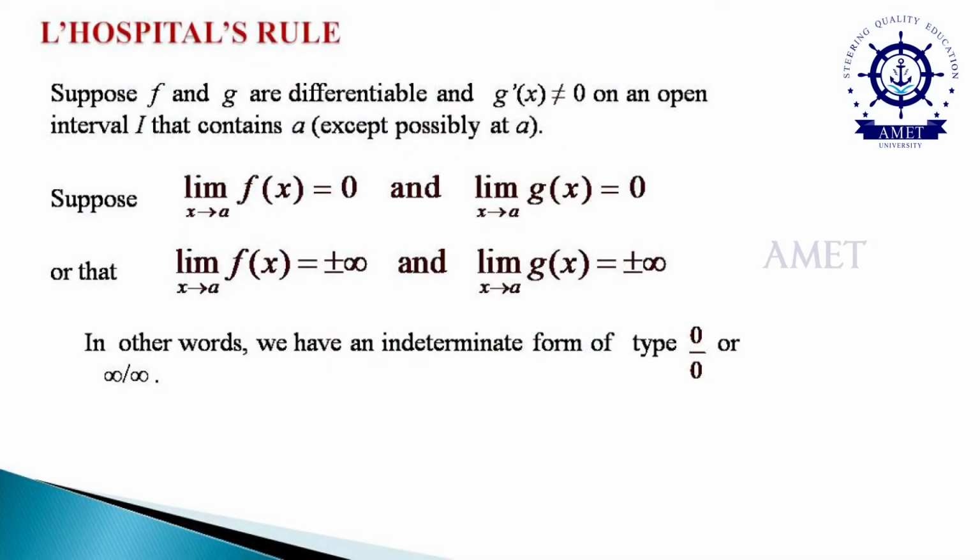After differentiation, again substitute the limit value in the numerator and the denominator separately. Then again we conclude whether it is 0 by 0 form or infinity by infinity form. If it is again 0 by 0 or infinity by infinity, once more differentiate the numerator and the denominator separately. In this way you have to proceed continuously.